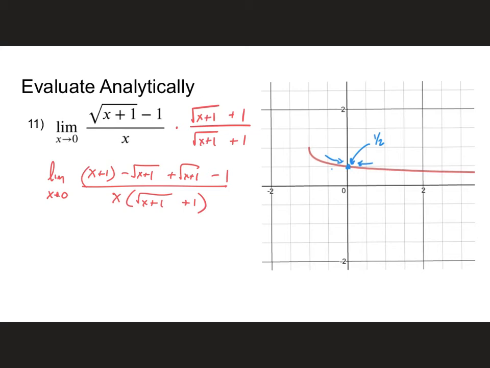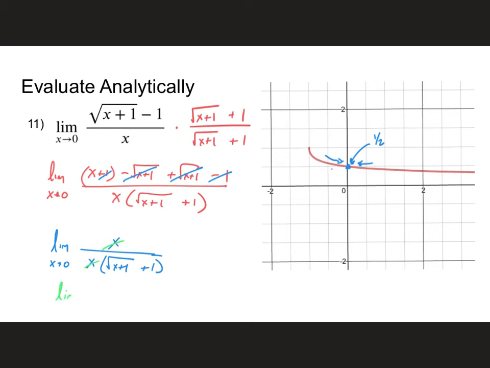Okay, on the top, what happens that's nice is these radicals disappear. And the plus 1 and the minus 1 cancel each other out too. So when I simplify this down a little bit more, I'm left with x over x times the square root of x plus 1 plus 1. And then again, my x's will cancel out.